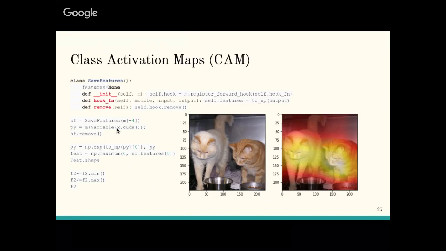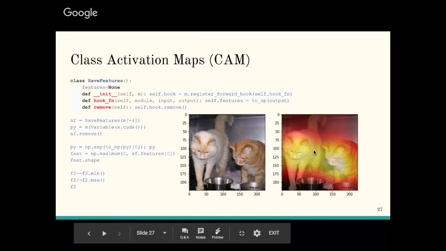Another thing that Jeremy talked about was something called class activation maps. He wrote a bunch of code to pick out the kernels that capture the features of where the cats are and overlay it as a heat map on the picture of your cats.